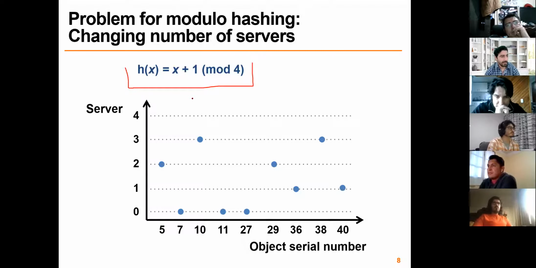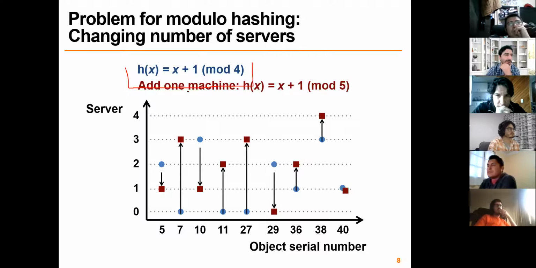But this is the placement based on the equations. If you add one more machine, now this mod 4 becomes mod 5. This is the number of servers that you have. So now all these objects need to shift to different servers. You can see how many shifts we have there.